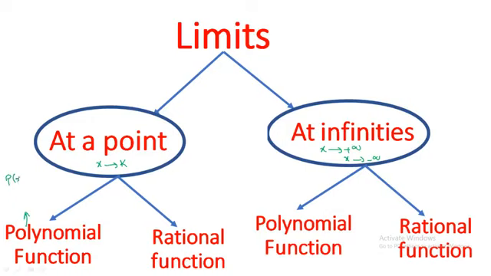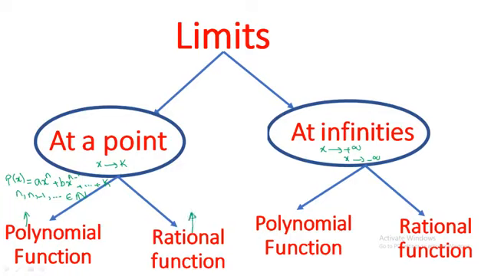A polynomial function is a function having the following form: p of x equals ax to the power n plus bx to the power n minus 1 plus constant, where the exponents n, n minus 1, etc. belong to set N. That means they are natural numbers.